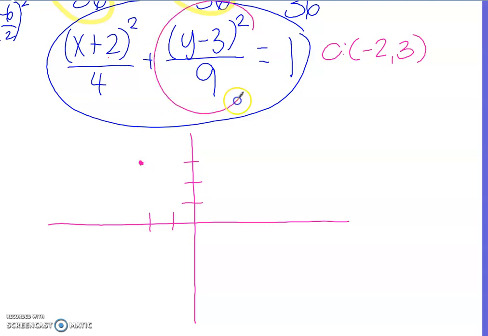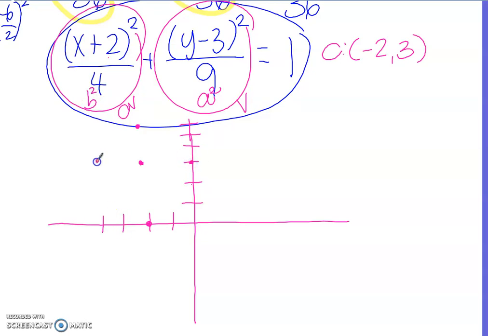My vertices are going to be along the y, so I'm going up and down 3 units because that's my a squared. I go up 3 units and I go down 3 units. My co-vertices come from along the x. My b squared is 4, so the square root of 4 is 2. Those are our vertices, those are our co-vertices.